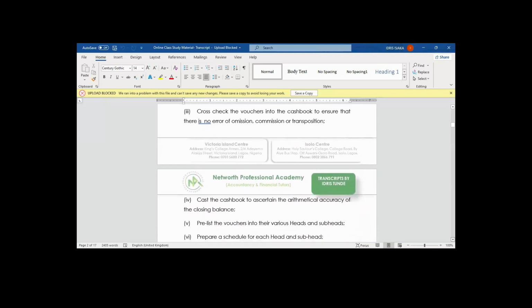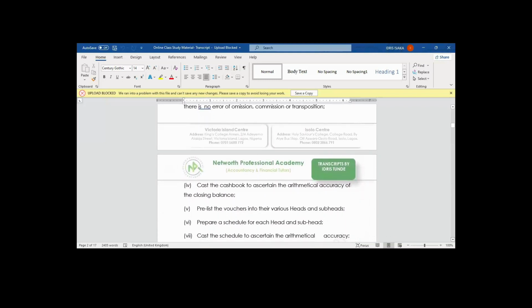Number 3 procedure is you cast the cash book to ascertain arithmetical accuracy. When they say cast, you mean you are calculating the figures.